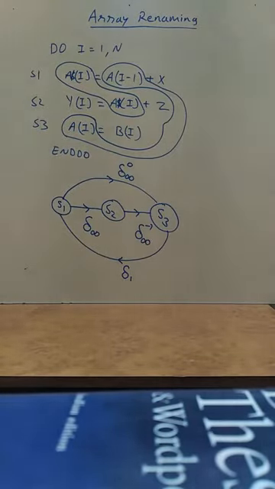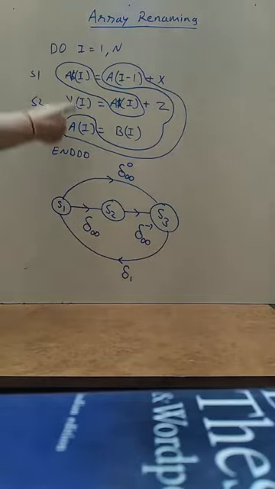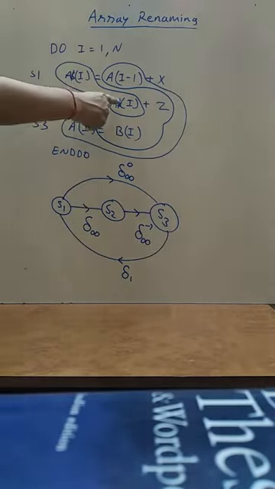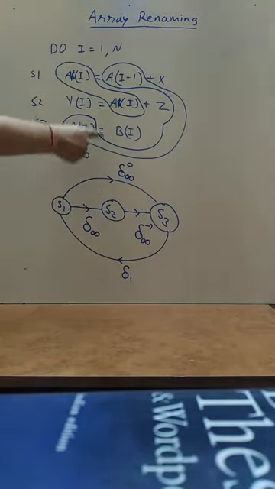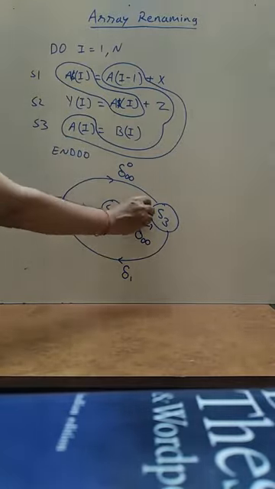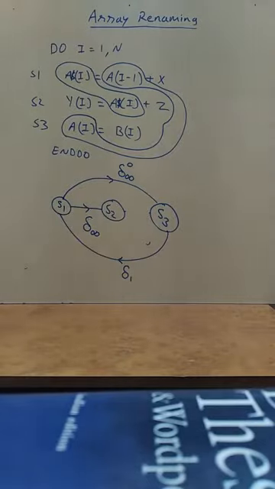Very important, this dependence will remain as it is, S1 to S2. This is a true dependence. So this will remain after renaming also. Then the dependence from S2 to S3 will no longer be here, because this is a different name, a different array. So there will be no anti-dependence.